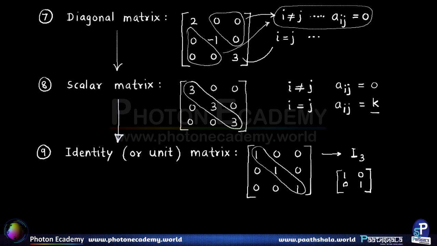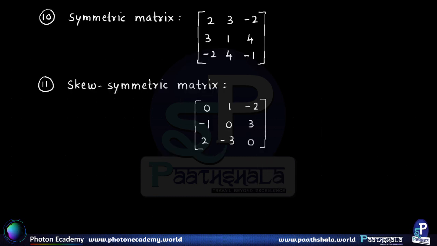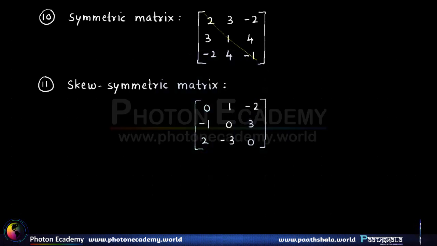Now let's move ahead to other types. Here we have what is called a symmetric matrix. As the name suggests, there is some kind of symmetry involved here. Let's see, here we have highlighted the elements of a diagonal.